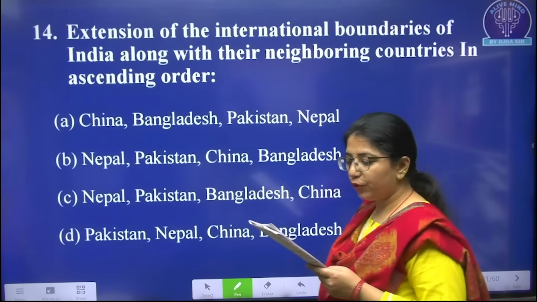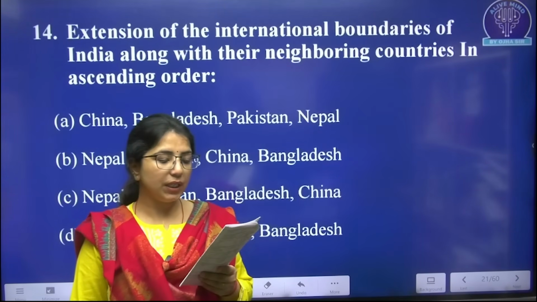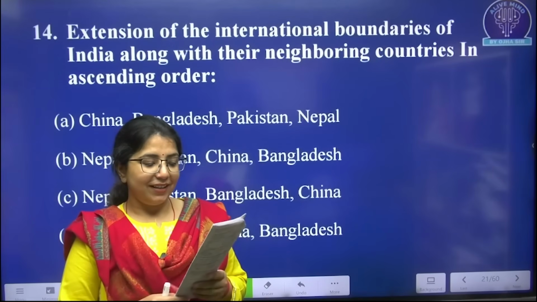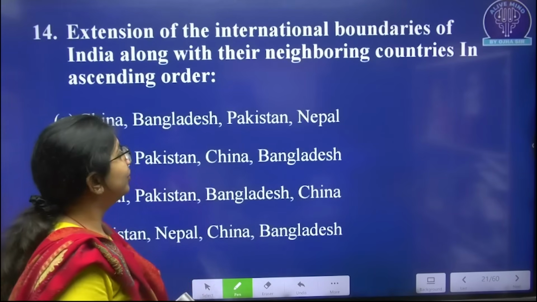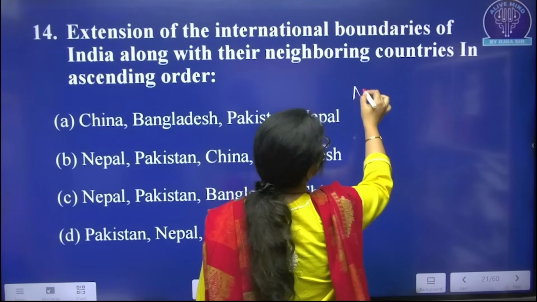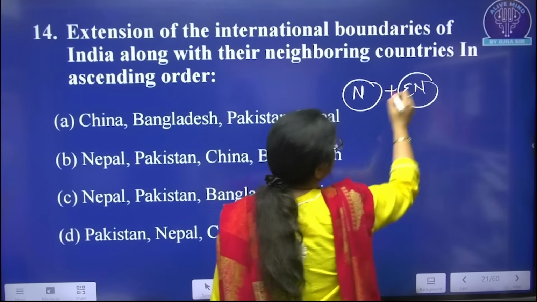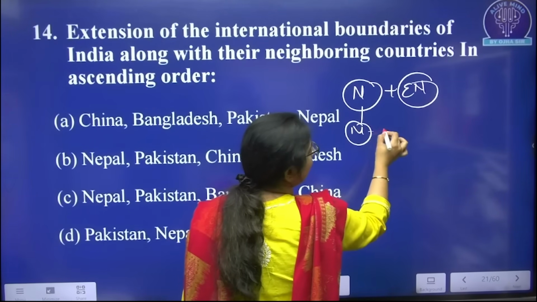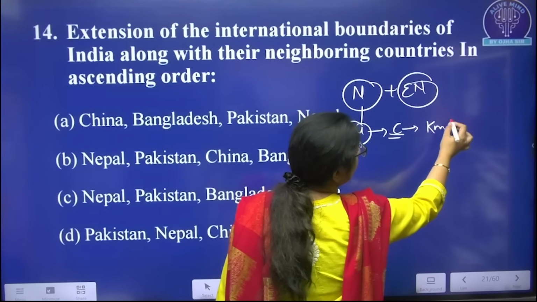Then is question number 14. Extension of the international boundaries of India along with their neighboring countries. I told you what things you have to study in the neighbors plus extended neighbors. Not just the names, you have to remember their chronology, with respect to kilometers of the boundary.